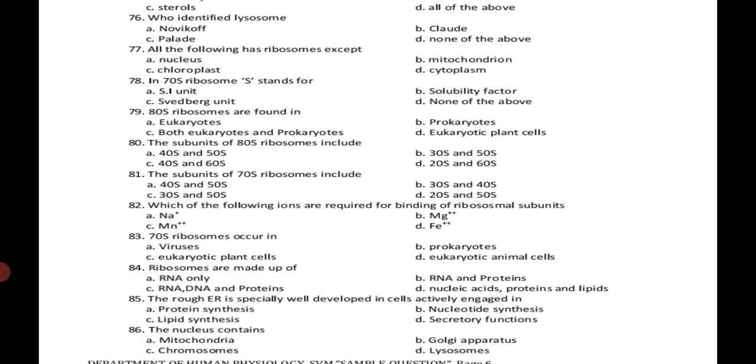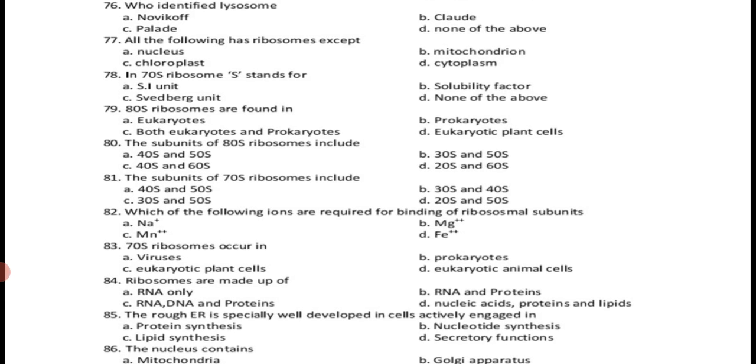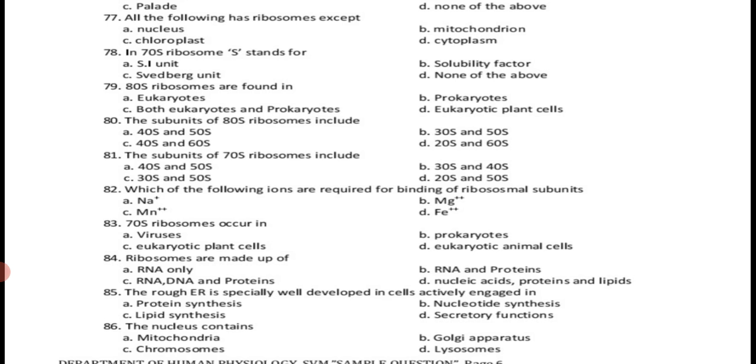Then question number 85. The rough endoplasmic reticulum is especially well developed in cells actively engaged in. The rough endoplasmic reticulum is responsible for protein synthesis, whereas the smooth endoplasmic reticulum is responsible for lipid synthesis.